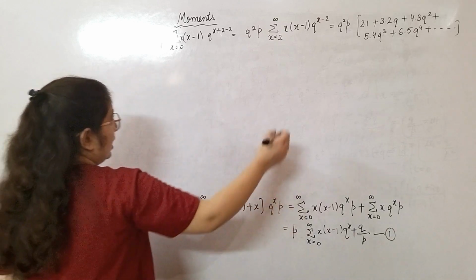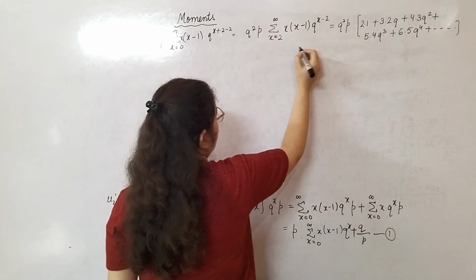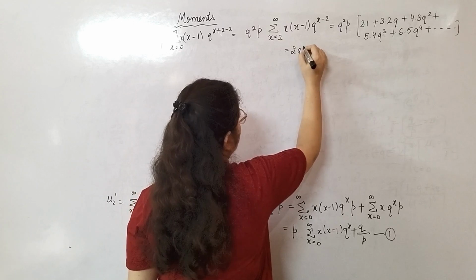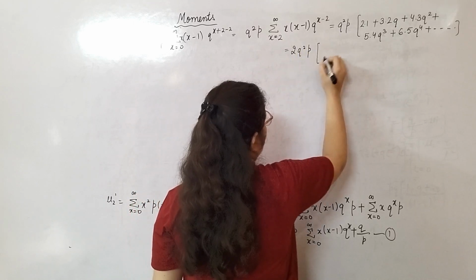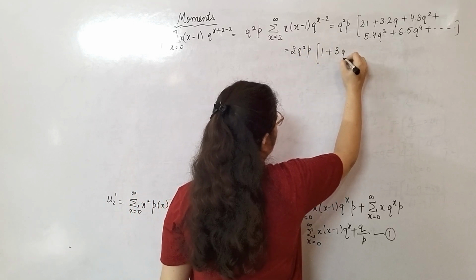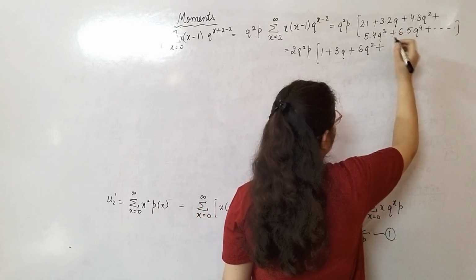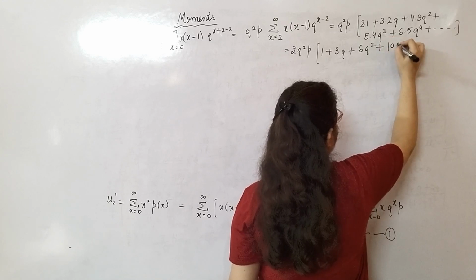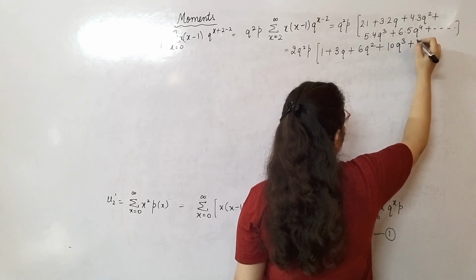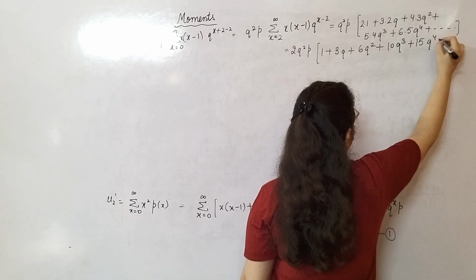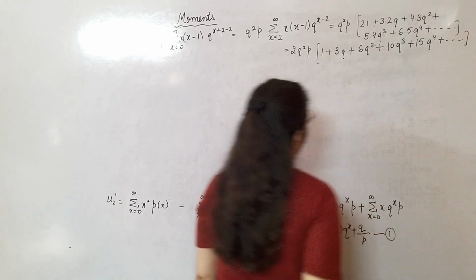Alright. So I am taking out this 2 common from here. What I will get, 2 q square p into 1 plus 3q plus 6q square plus 10q cube, I have taken out that 2 common, 15 q to the power 4 and so on.